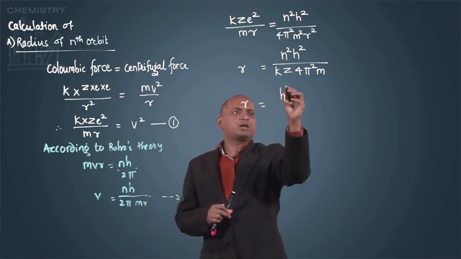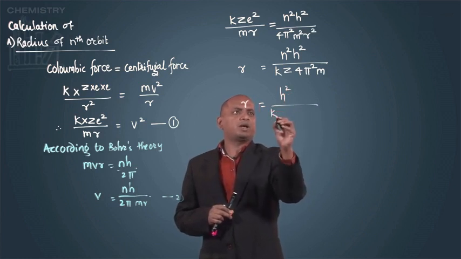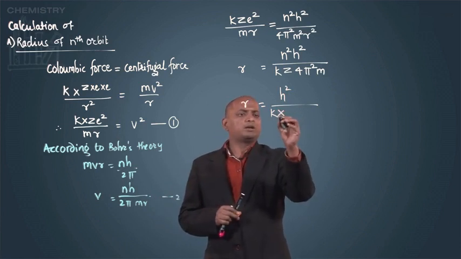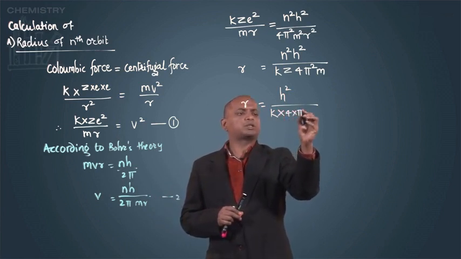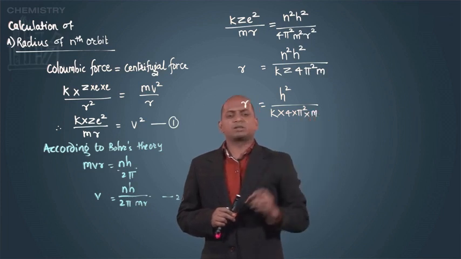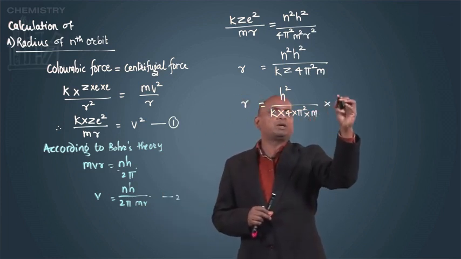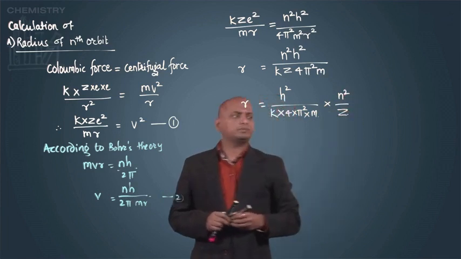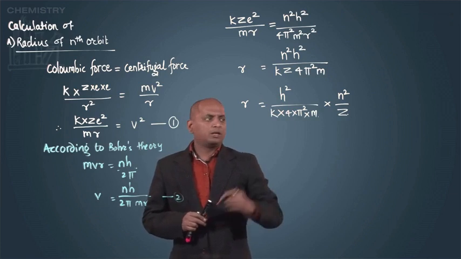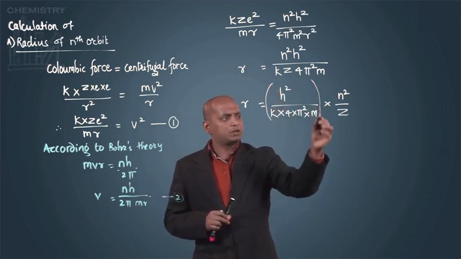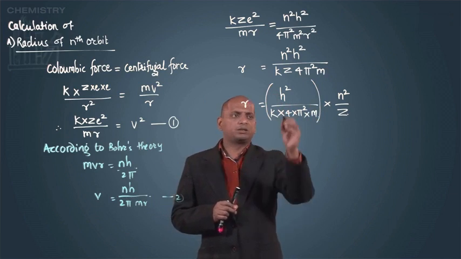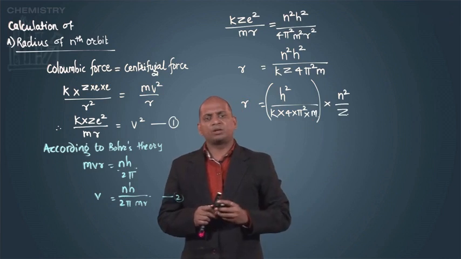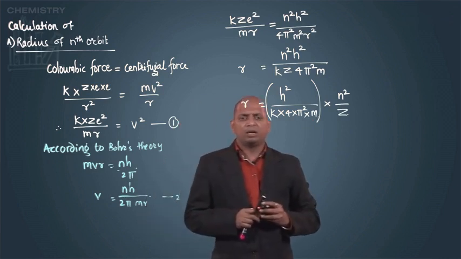We know h square, we know k, the value of k is 1 upon 4 pi epsilon 0, then 4 into pi square into m, the mass of the electron. That will be multiplied by n square upon z. Now this part remains constant: Planck's constant, 3.14, mass of the electron 9.1 into 10 raised to minus 31 kilogram.